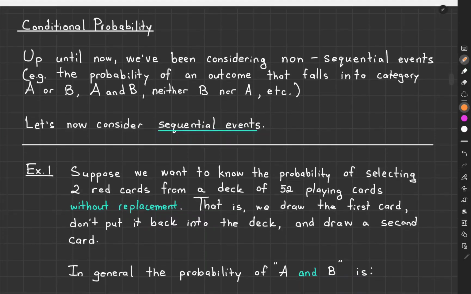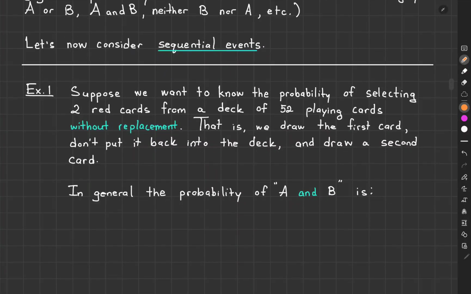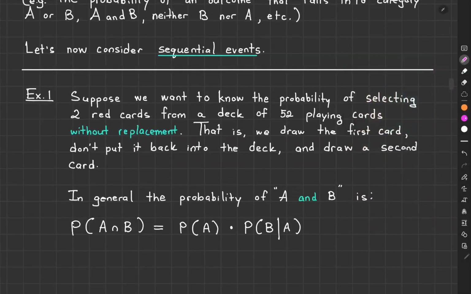Okay, so in general, the probability of A and B, we know this to be written like this, but here's the actual formula for it. It's the probability of A times the probability of B given A. This little line here denotes given.